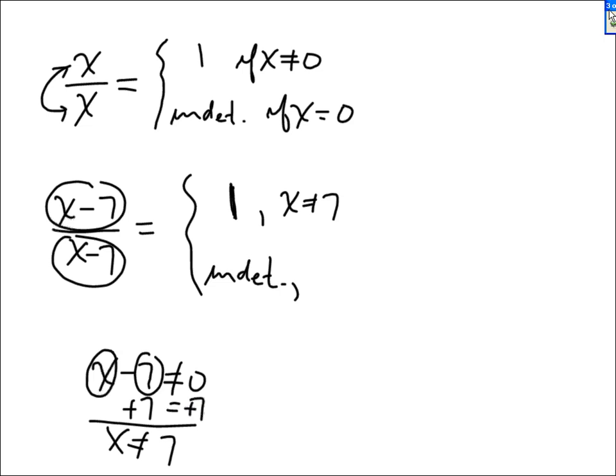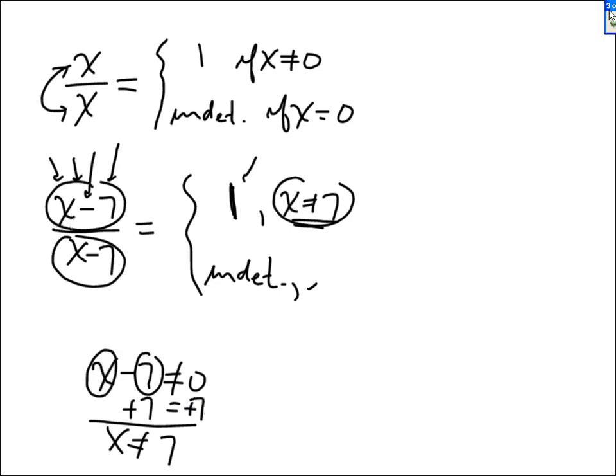The condition is not that x is not 0. A lot of people will say, oh, it equals 1 when x is 0. Not true. When x is 0, I get negative 7 on the top and negative 7 for the denominator. 0 minus 7 is negative 7, and negative 7 over negative 7 is certainly 1. But when x is 7 itself, 7 minus 7 is 0, divided by the same thing, 0.